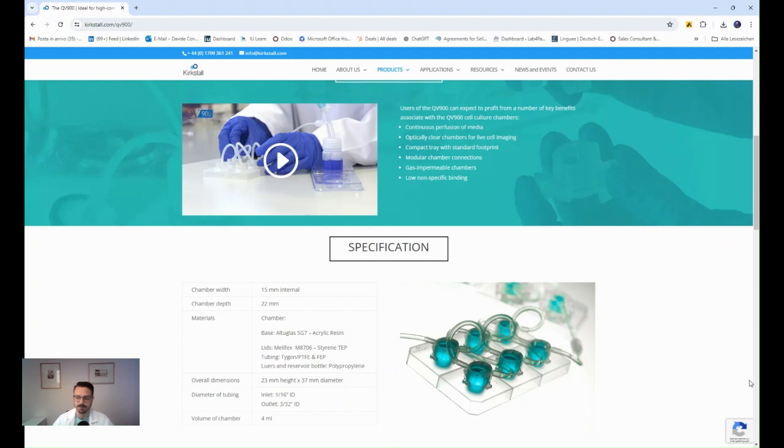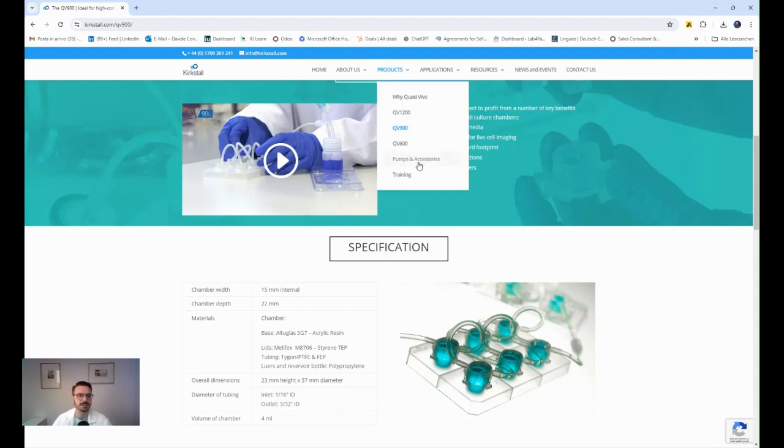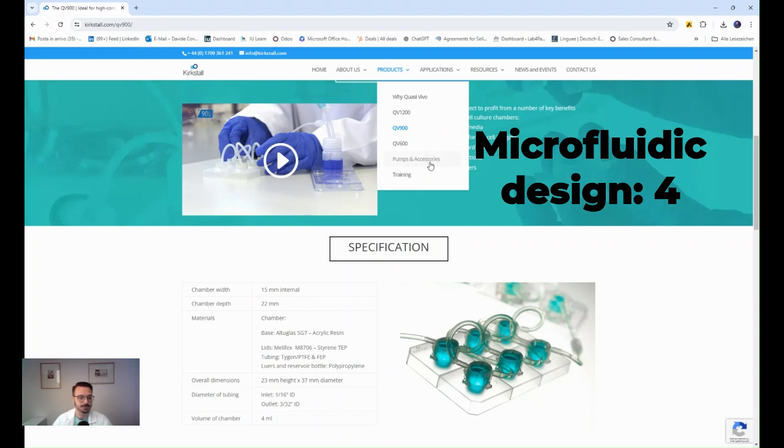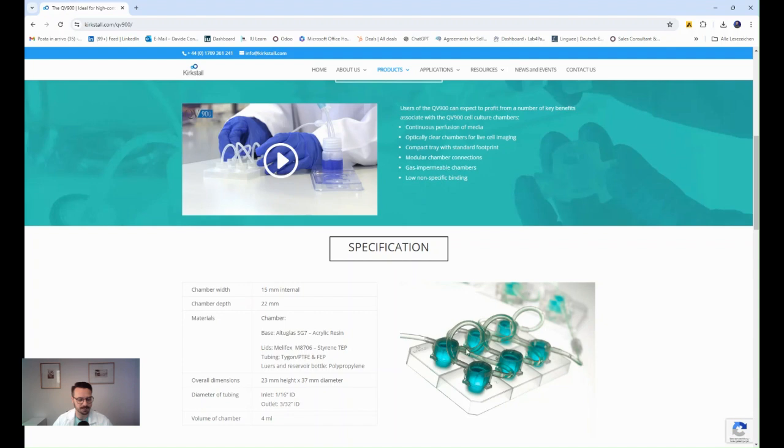Nonetheless, they have a good fluid control for dynamic studies. It depends a little bit on the kind of applications, but obviously, if you have pumps, then you can regulate it. You can also customize the kind of connectivity that you have, because the wiring or the tubing, let's say, in this case, can be set as you want. So in this case, we would give it a 4.